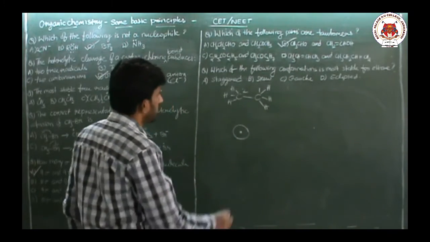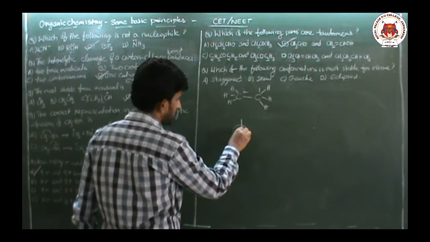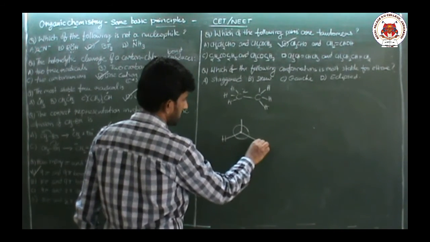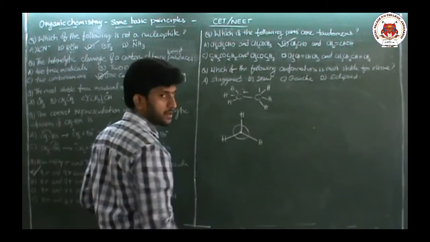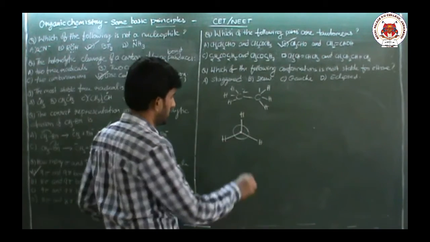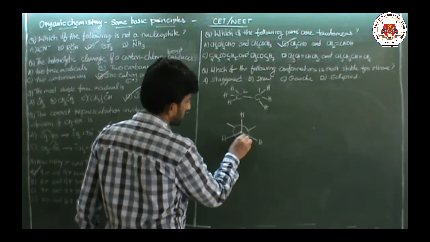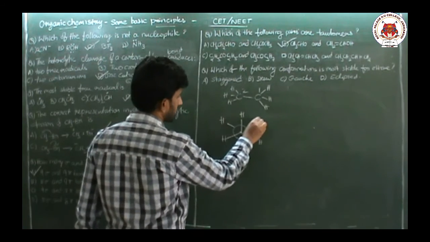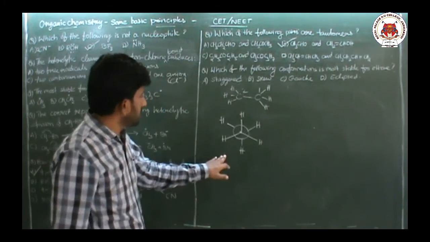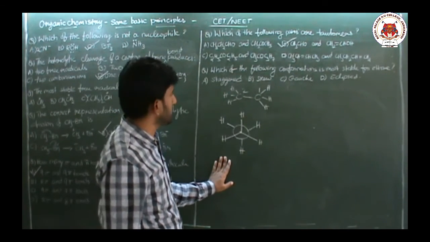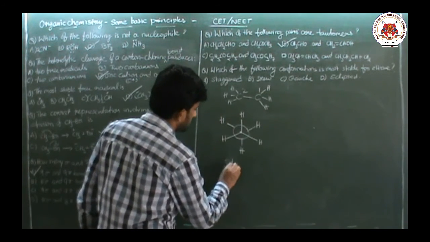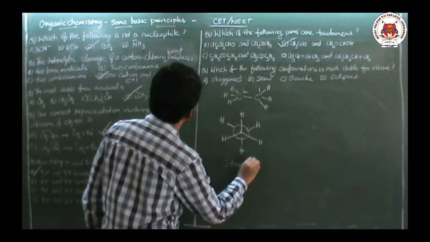Now there are 3 hydrogen atoms attached to the front carbon, like this, and 3 hydrogen atoms attached to the back carbon also. This type of conformation of ethane is called the staggered conformation.